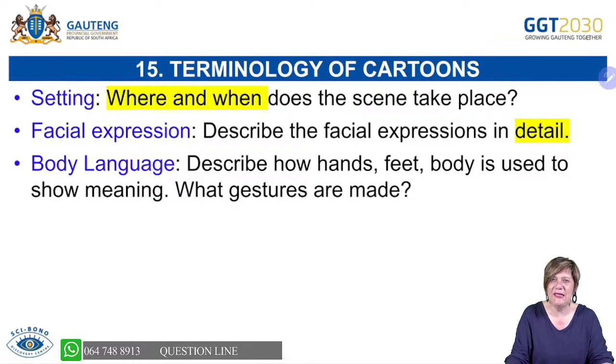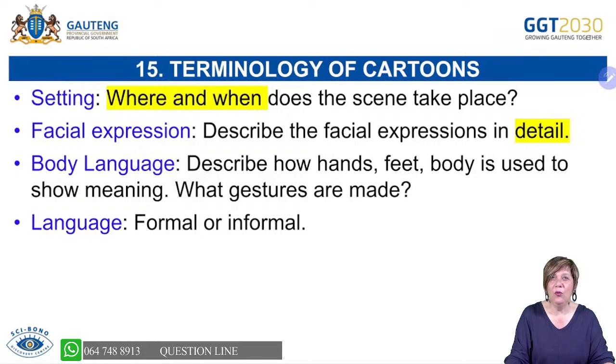You have to go into detail. So what do you look at? Well, it's easy. Look at the hands. Look at the feet. Look at the body posture. Look at gestures that are made. So be very specific when answering questions about body language.